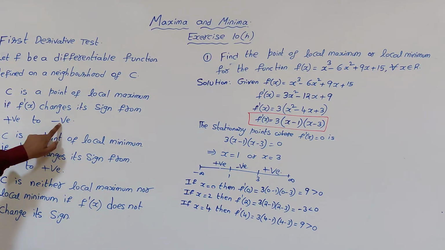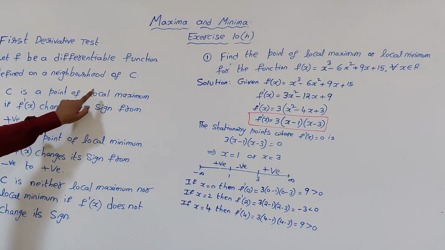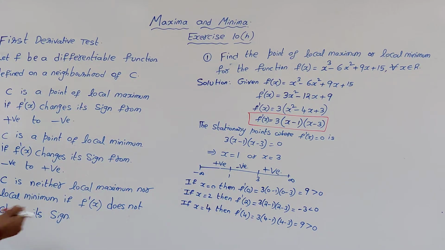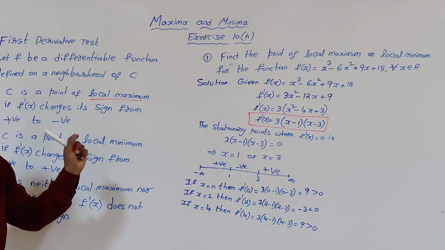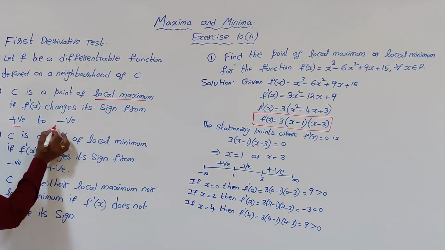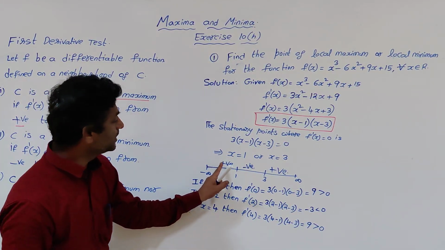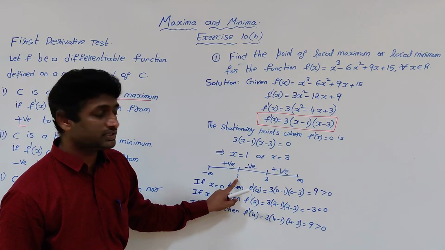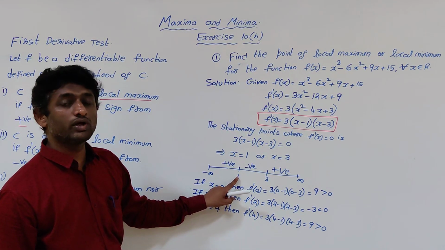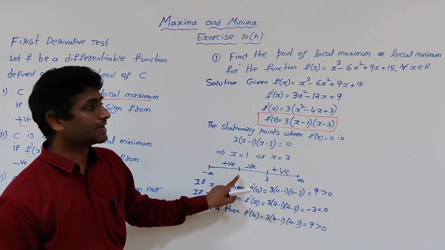From positive to negative means C is a point of local maximum, if f dash of x changes, means if the derivative changes its sign from positive to negative. So what we can conclude is, at this point x is equal to 1, it has a local maximum.